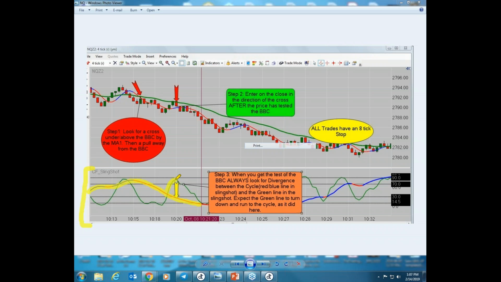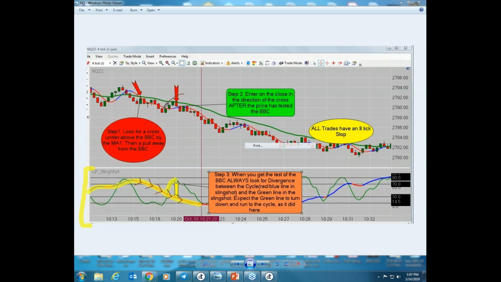But this is why it's important. What this is saying is this. This cycle being red, pointing down, is telling us we are in a bear market on this time frame. We are expecting prices to go down with the cycle.